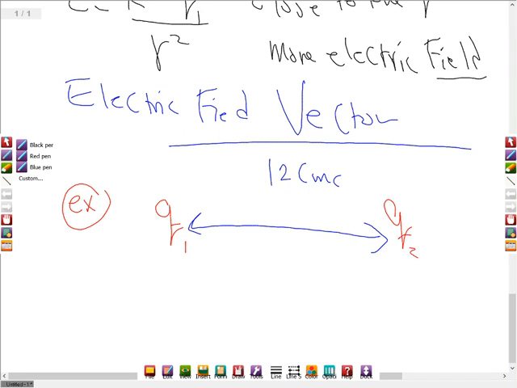We need the electric field at 4 centimeter from here, and the other distance is 8. Find E at A. So, Step 1.